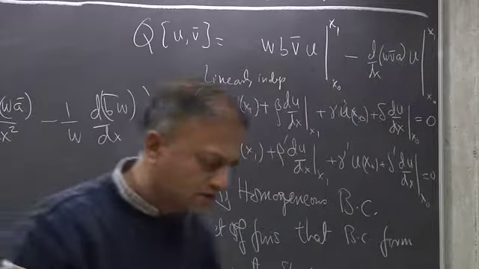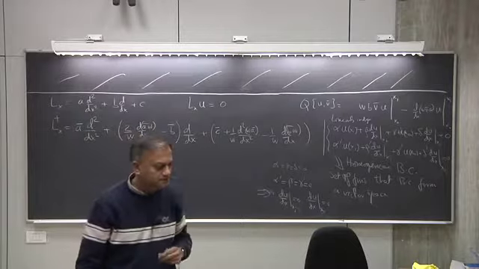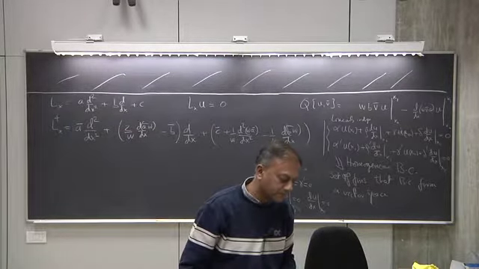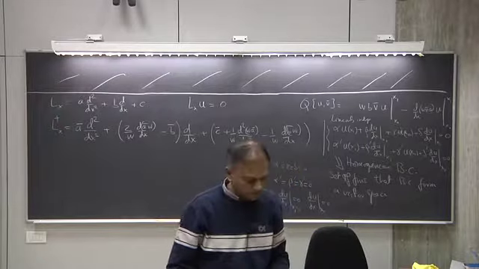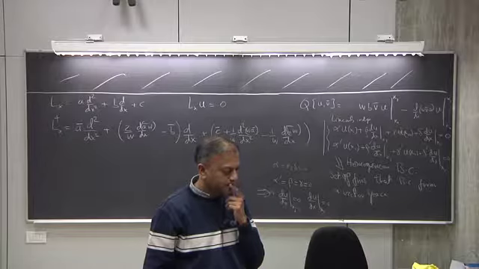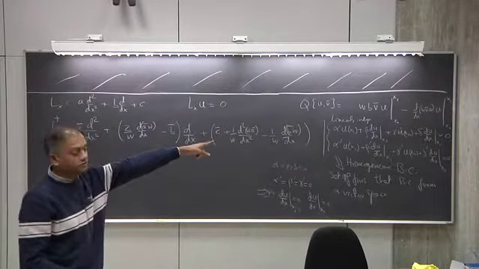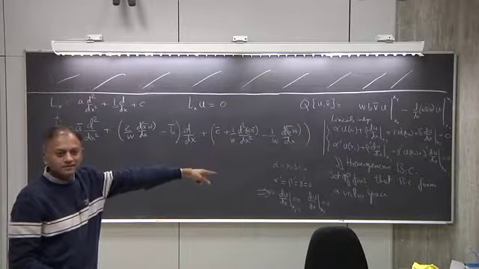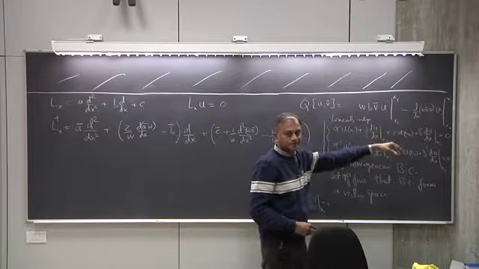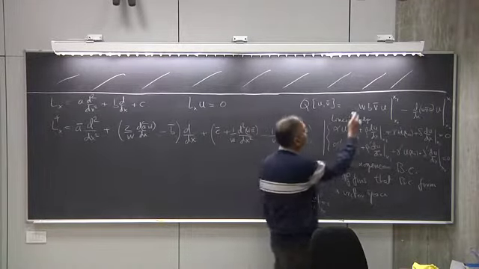sorry, there is also one more term, right? There should be a du/dx also, isn't there? There should be one more term. There is also one term which involves a derivative of u, right? Can you read what that is? d/dx, so there is another piece.